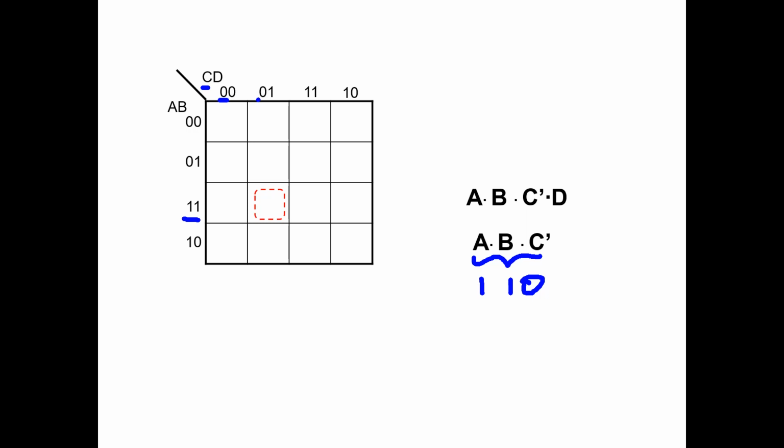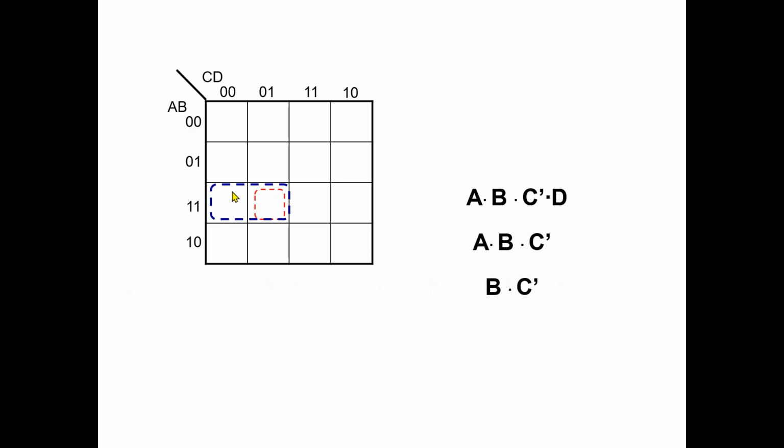Z is 0 at here or at here, right? That means it covers these two cells that can make this product term to be 1. So the size of group in K-map will increase, right, from 1 to 2 cells.